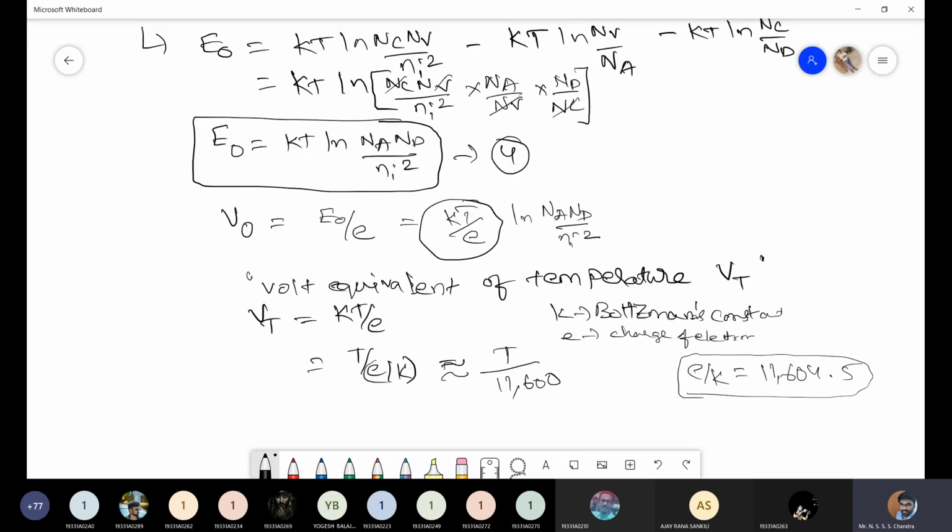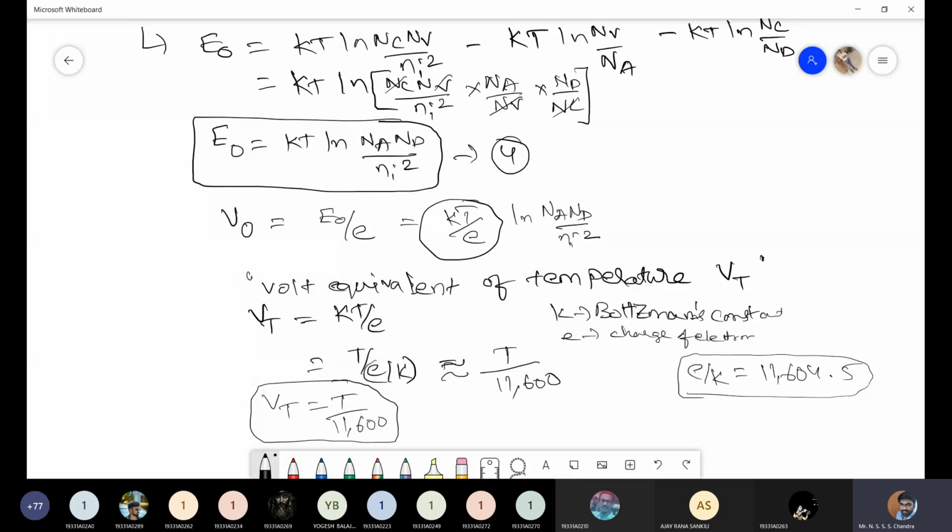So in all numerical problems, whenever you encounter a term called Vt, you should represent Vt as T by 11,600. It's the volt equivalent of temperature. Vt is equal to T by 11,600. This you should remember.